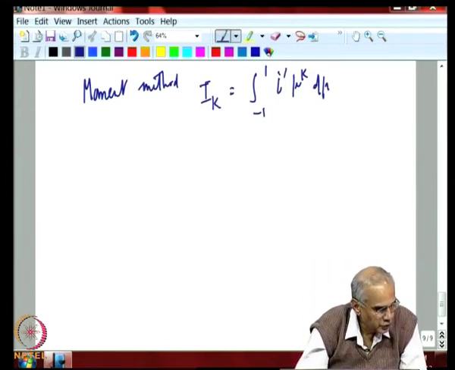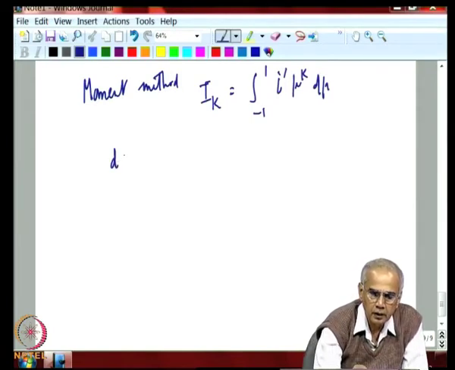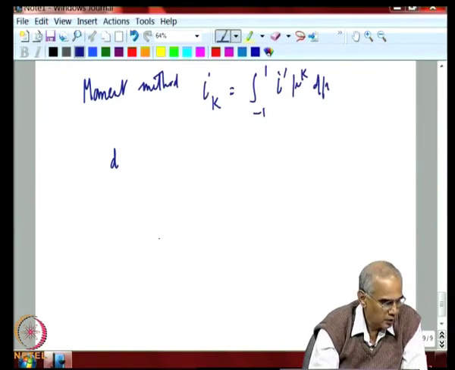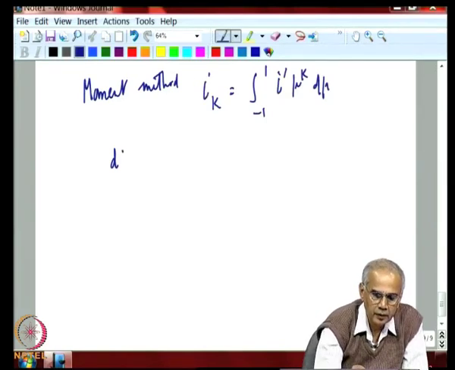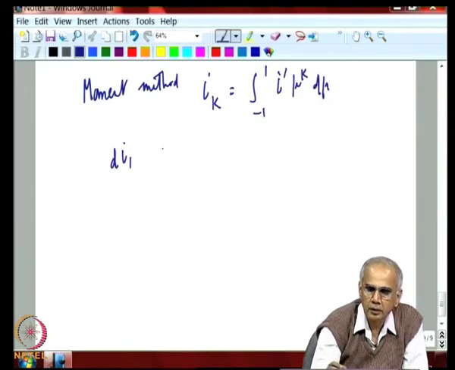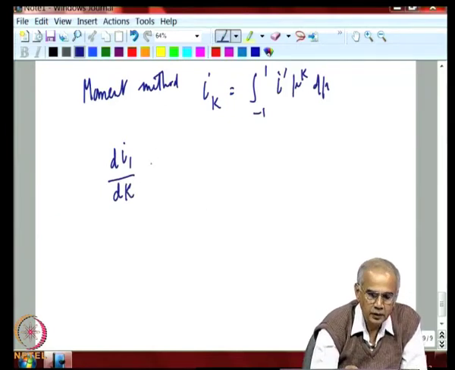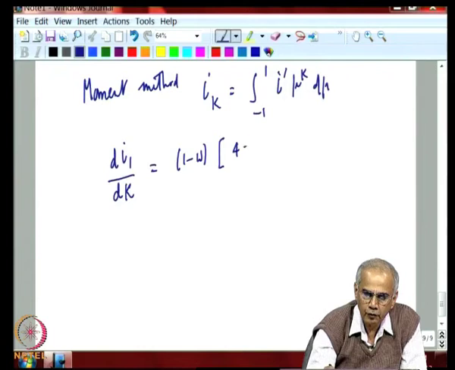So, if we take the 0th moment, which we had already done, we know that I will call this, I will follow the previous notation, call this small I. We saw that dI1/dk is equal to 1 minus omega into 4 EB and I0.